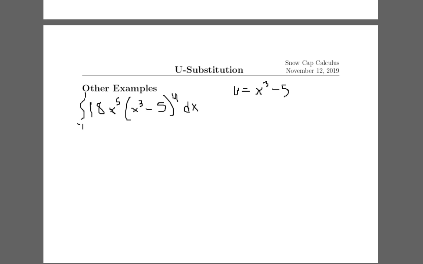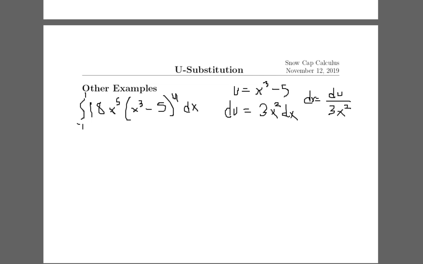So it kind of is the largest power since that whole quantity is to the 4th. So we'll get du equals 3x squared dx, which gives us dx equals du over 3x squared.